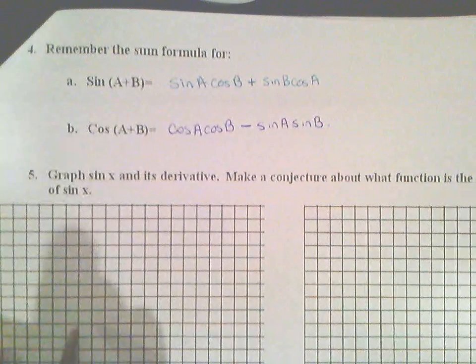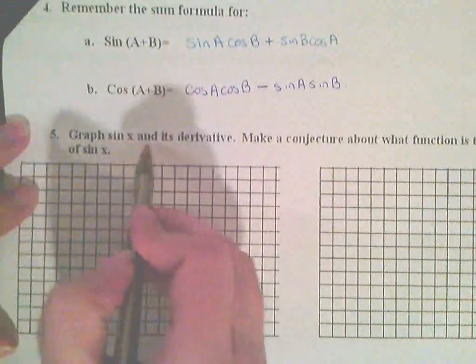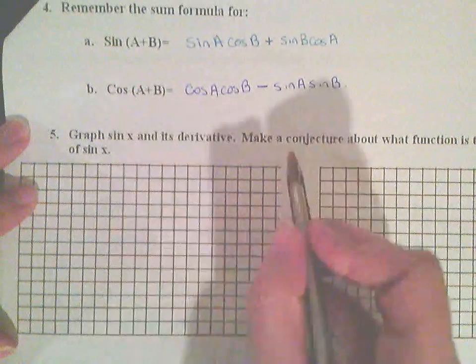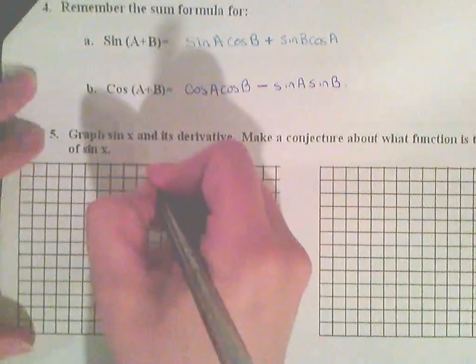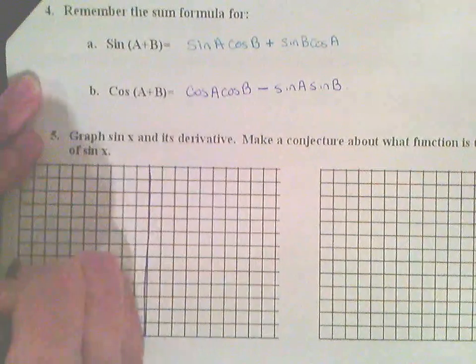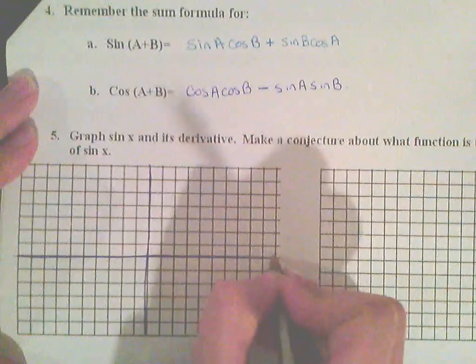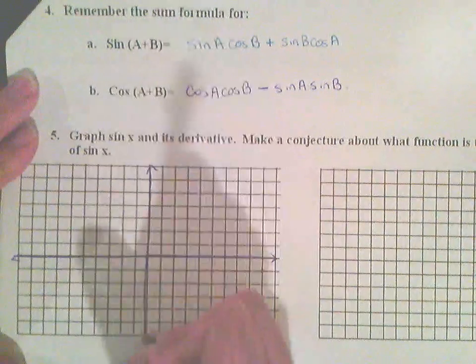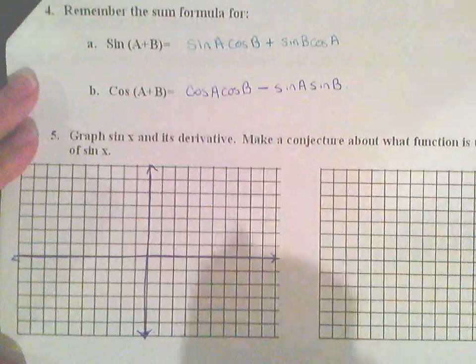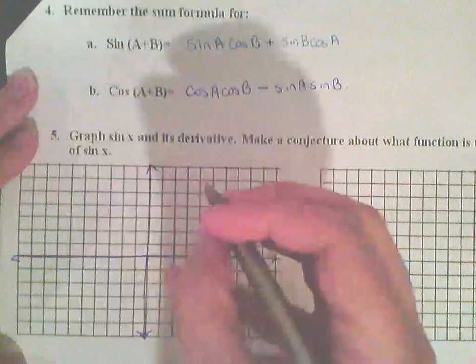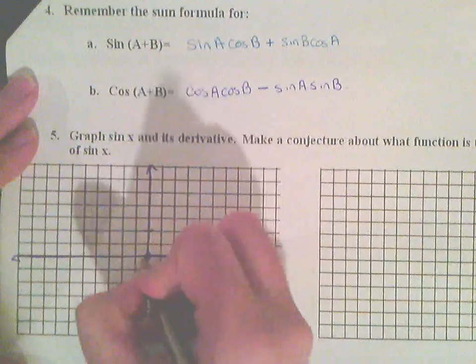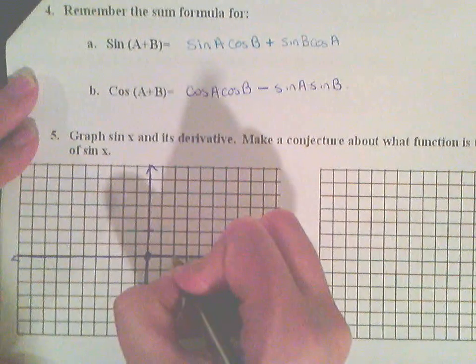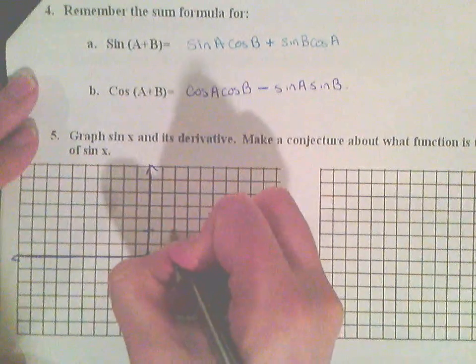We kind of already did this in a previous example in class, but if you graph sine of x and its derivative, let's make a conjecture about what function is the derivative of sine of x. So here, I'm going to graph sine of x. If we remember, sine of x starts at 0, and then at pi over 2, we go to 1.